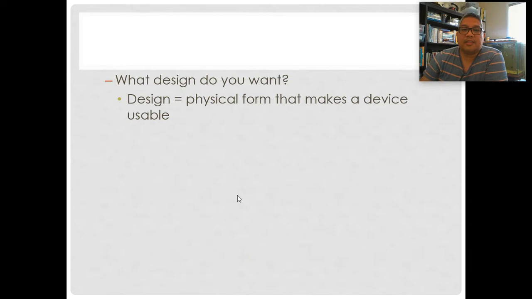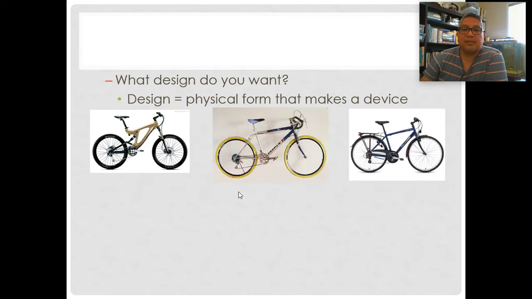What design do you want? Design is the physical form that makes a device usable. So look at the three. Is it necessary for you to have a shock here, or are you just going for the usual typical racer bike, or the usual typical bike?